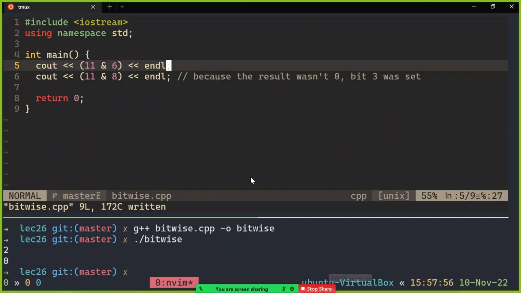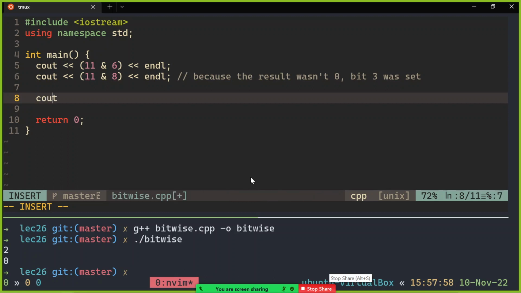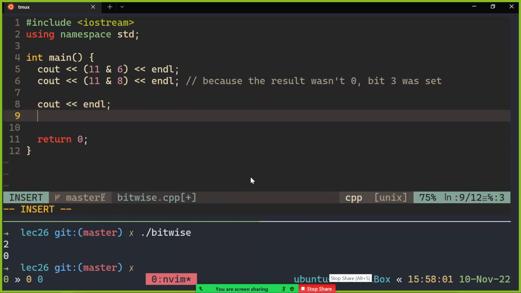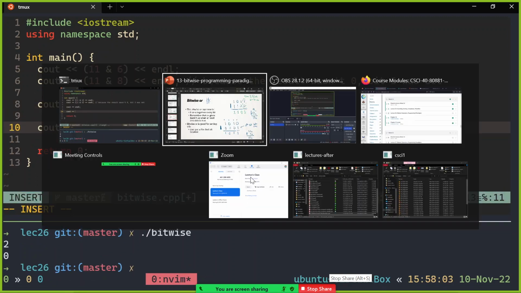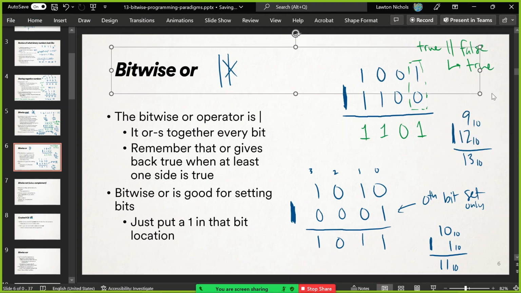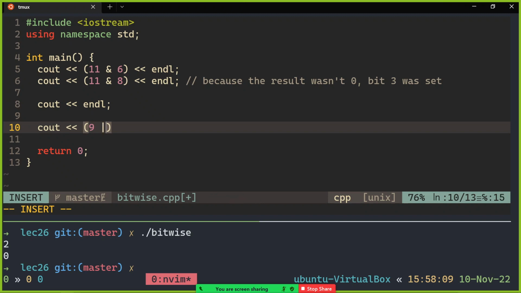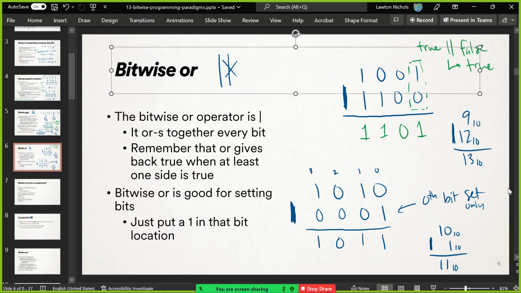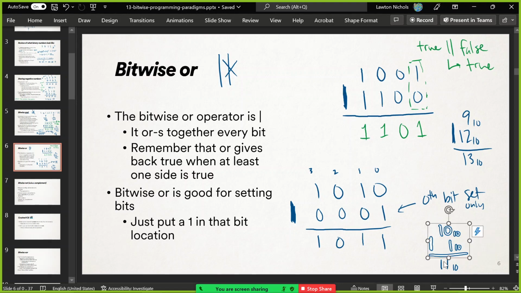So let's go to code and look at that. See out, what was it? 9 ORed with 12. That was the first one. Just a single pipe character. And then the second one was 10 ORed with 1. So set the 0th bit.